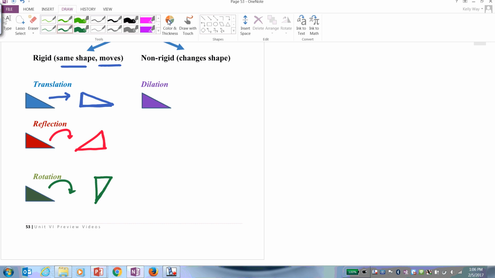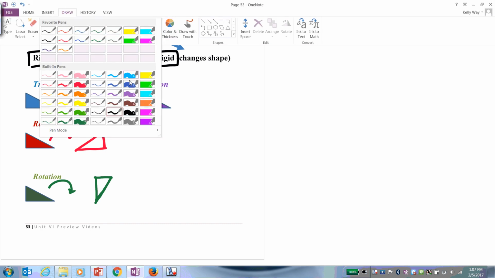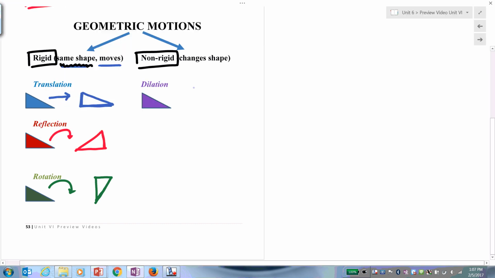All of these are called rigid. Why? Because it stays the same shape. It moves around. Dilation is called a non-rigid motion. Dilation means to make larger or smaller. Dilation actually moves the image to be either a larger image or a smaller image.